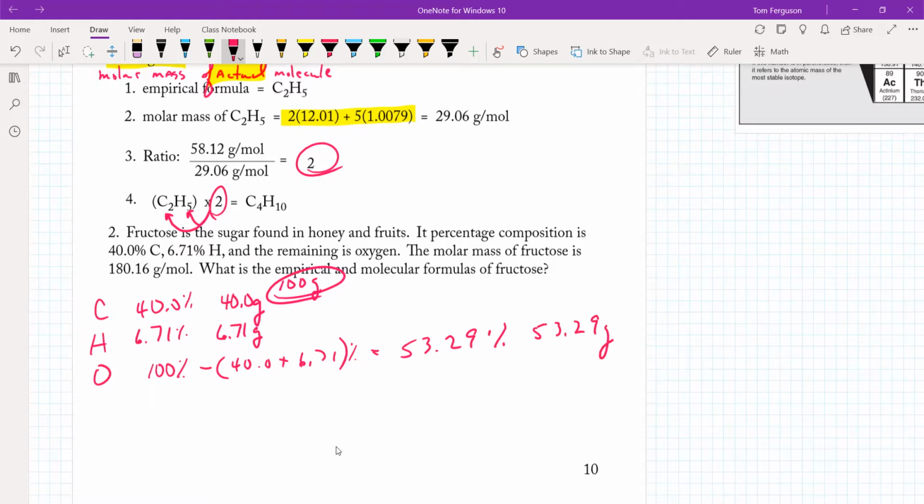So step 1 is to convert to moles. Find the empirical formula, and then because we're given the molar mass of the entire molecule, we're going to then divide the empirical formula into the actual molar mass of fructose and see what that ratio ends up being.